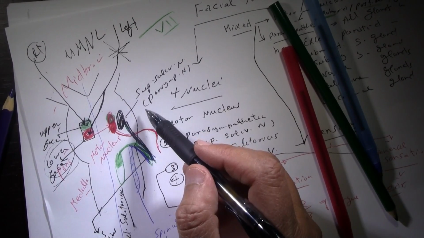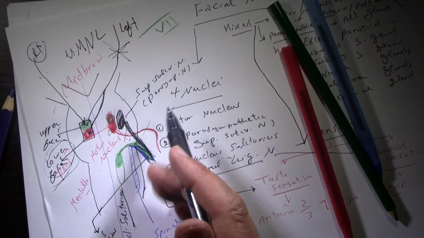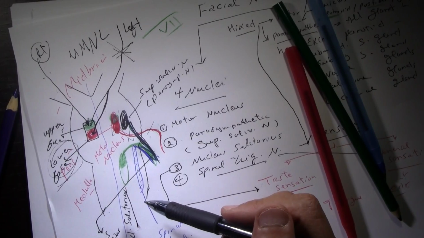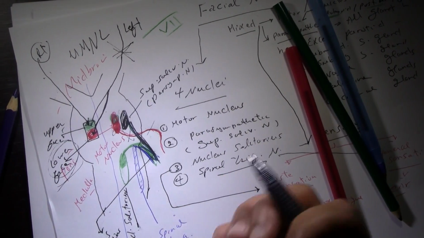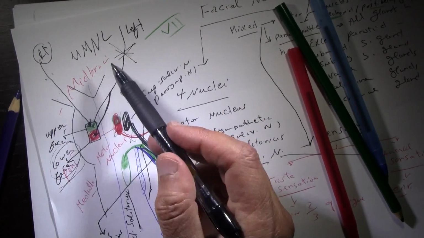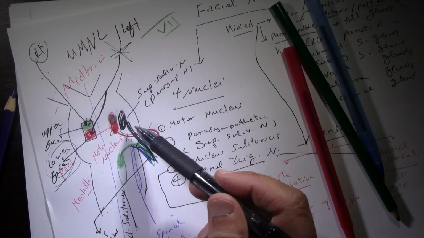Like if there is any lesion here, it means the whole side of the face here is affected. And with a quick look at your patient, you can differentiate whether the lesion is in the brain, or in the nerve or muscles, or in the nucleus.